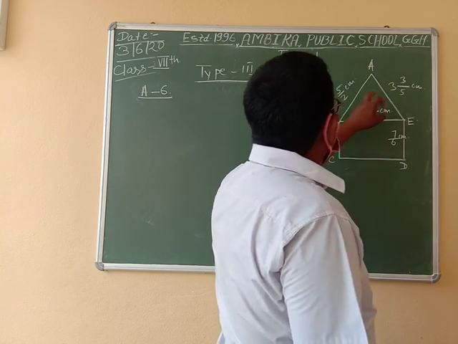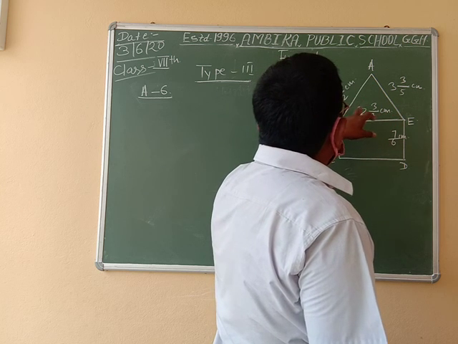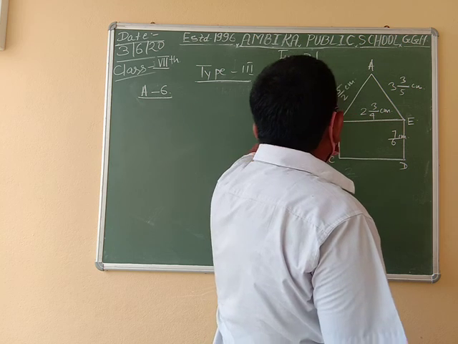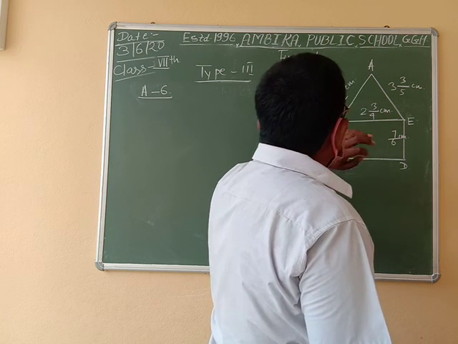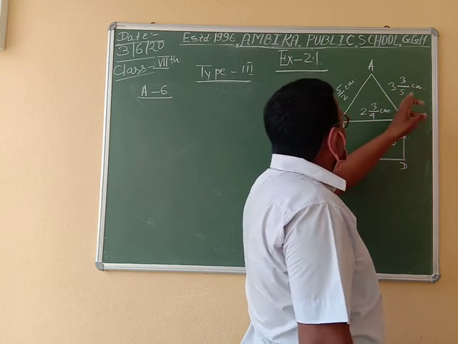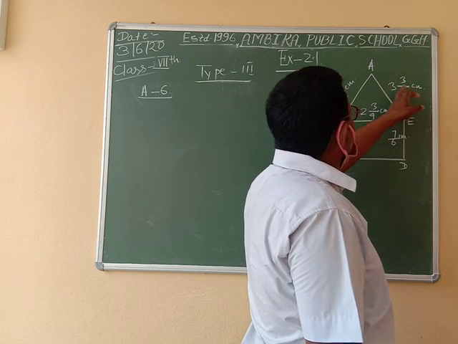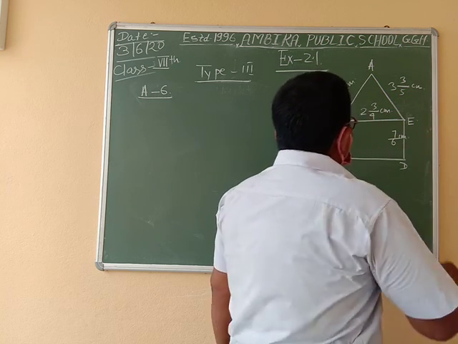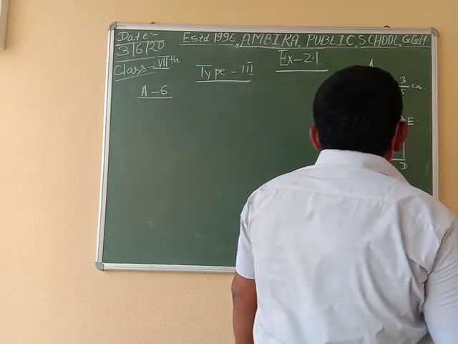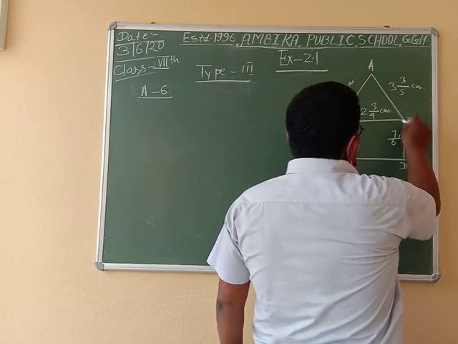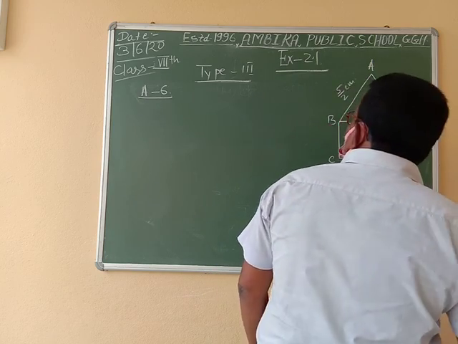Here three sides of the triangle are given: one side is 5/2 centimeter, the second side is 3 3/5 centimeter, and the third side is 2 3/4 centimeter, and one side of the rectangle is 7/6 centimeter.